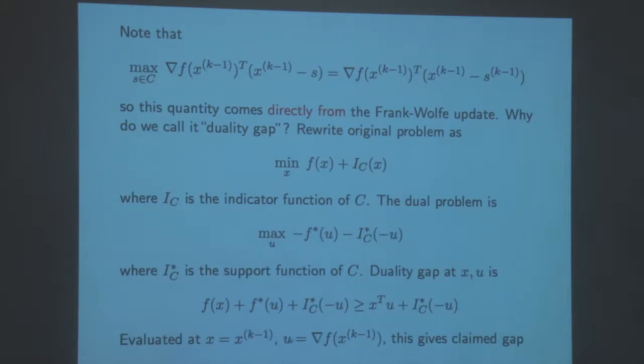And if all I do is evaluate this at my current iterate, and I take as the dual point the gradient of f at x, then this is going to give us exactly the claimed gap. Right?